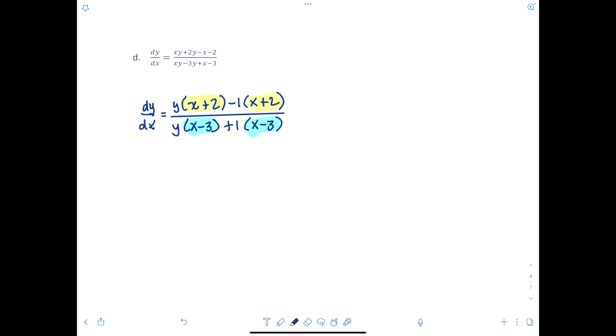So, when I factor out the x plus 2 in the numerator, I'm left with y minus 1 over, factoring out x minus 3, I'm left with y plus 1.